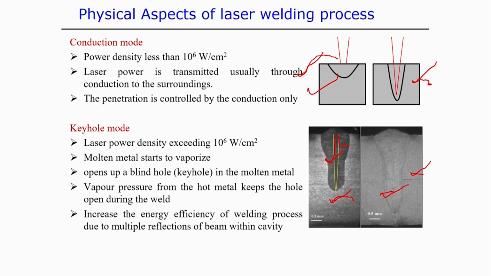But one advantage of the keyhole mode laser welding process is that, due to the multiple reflection of the beam within that small cavity, meaning the keyhole, the absorption of the laser energy during the process increases. So, when there is a requirement of high depth of penetration, keyhole mode laser welding is probably preferred as compared to the conduction mode.